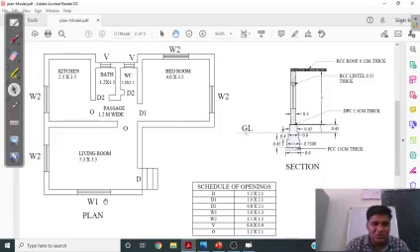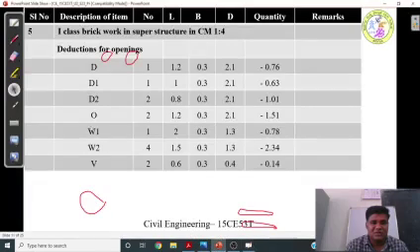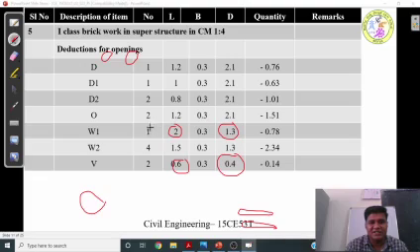And there is the W1 window. There is only one W1 window and two ventilators. The W1 size is 2 by 1.3. The ventilator size is 0.6 by 0.4. Numbers: W1 is 1 number and ventilator is 2 numbers.